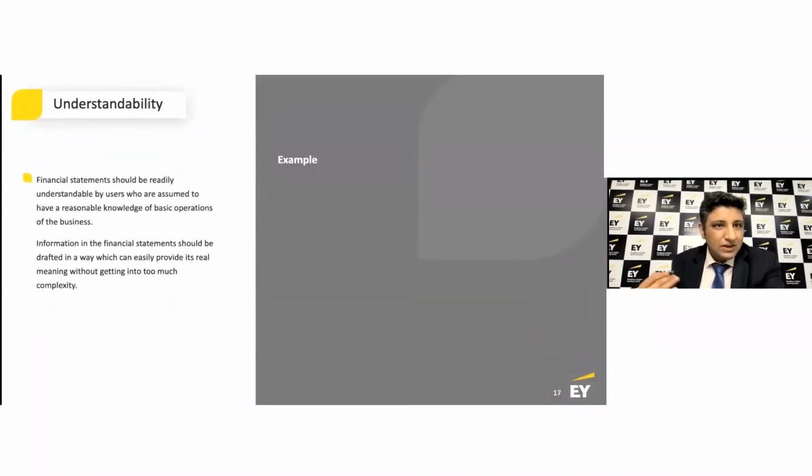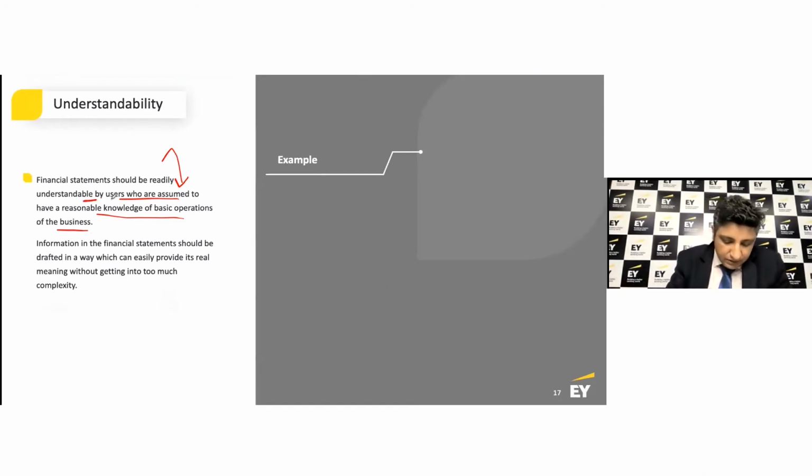So when I'm talking about understandability, we talked about that example where if there's a doctor or an engineer who's going to look at the financial statements, unlikely he knows anything about accounting. So we are simply saying that anybody who's going to be looking at these financial statements is assumed to have a reasonable knowledge of the business, right?